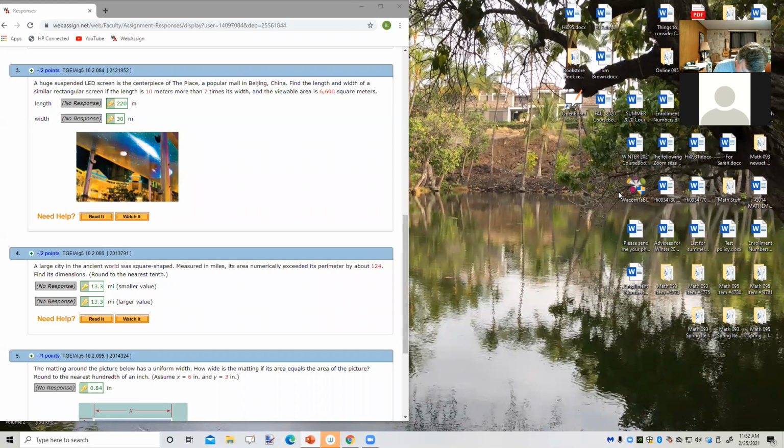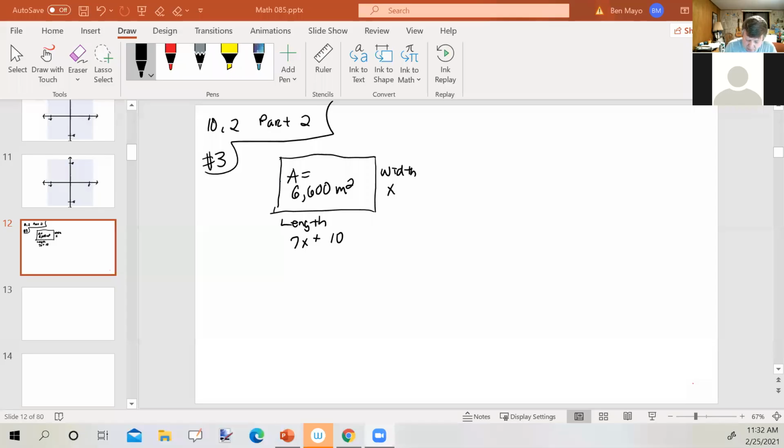Okay, so let's call the width x. The length would be 10 more than 7x. So what we have is this picture. The area is 6,600 square meters. The width is x. The length being 10 more than 7 times the width would be 7x plus 10.